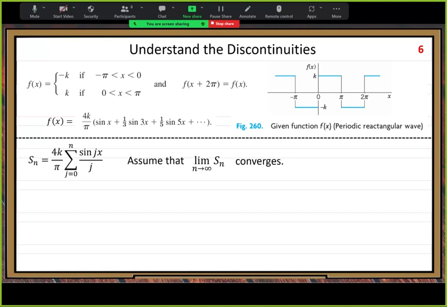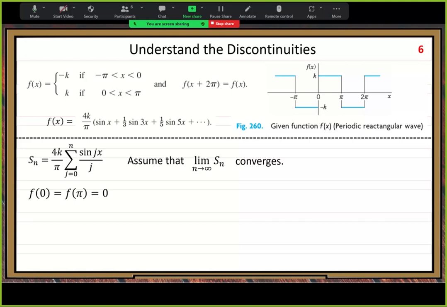If it exists, that means we can plug in values. Only when this limit function exists can we plug in the function value.